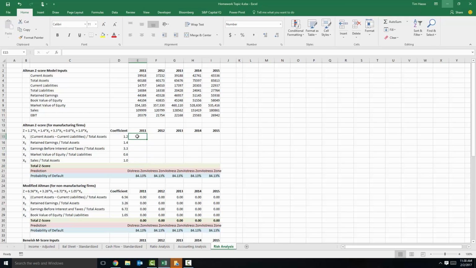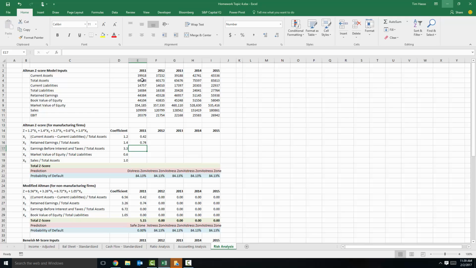So again, we can start quite easily by using our normal formulas. We use equal to, open the bracket, and it's current assets minus current liabilities, which is your working capital, close the bracket, divided by your total assets. Enter. The second one is retained earnings over total assets.